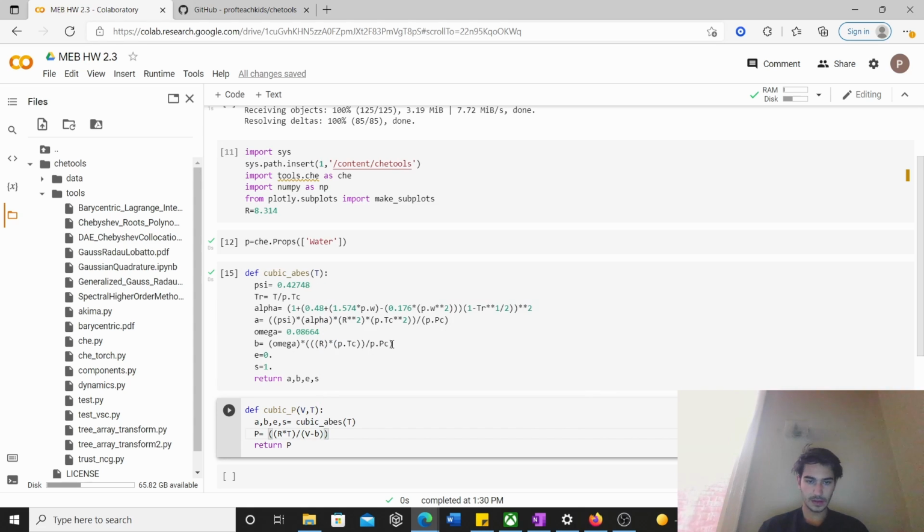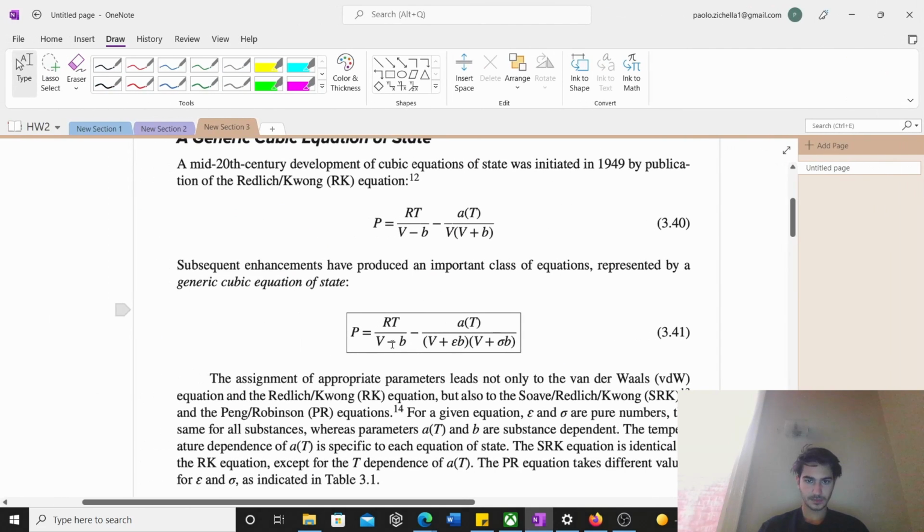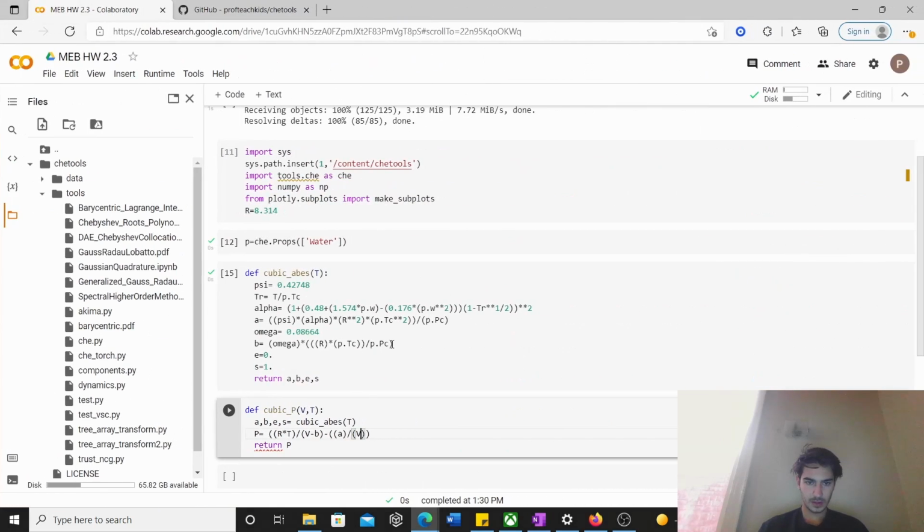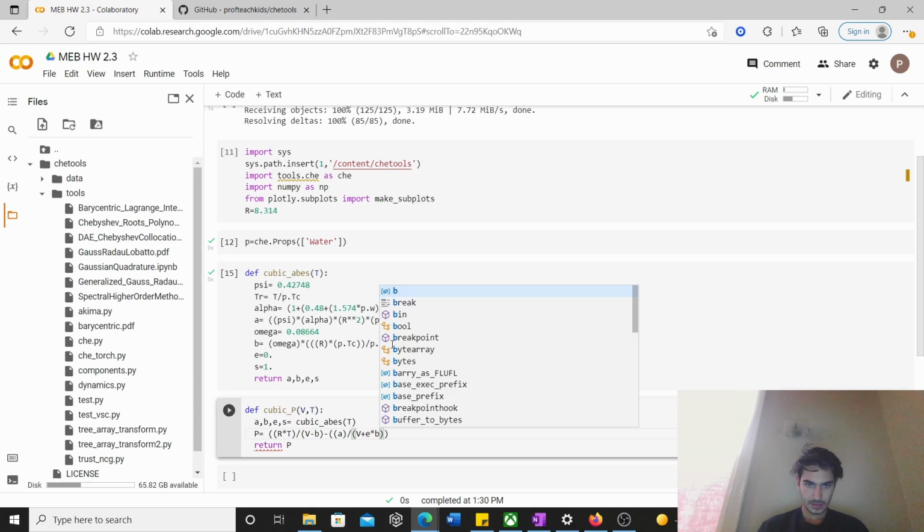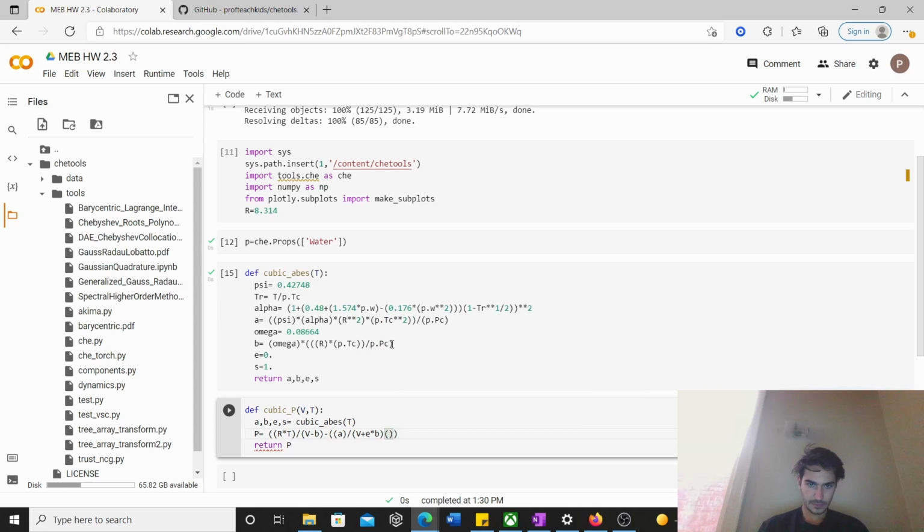And all of that is going to be subtracted from A all over V plus epsilon times beta, as well as V plus sigma times beta, right?